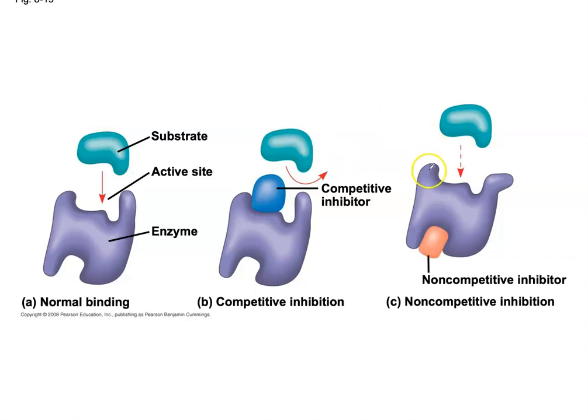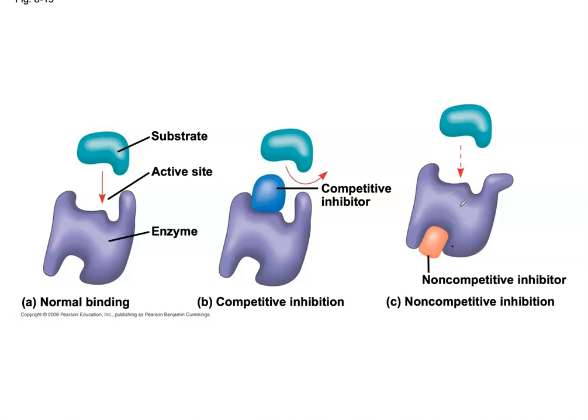Now a non-competitive inhibitor is not attaching itself to the active site. Instead, it's attaching itself to a different site, which is an allosteric site. By attaching to a site other than the active site, it changes the conformation.